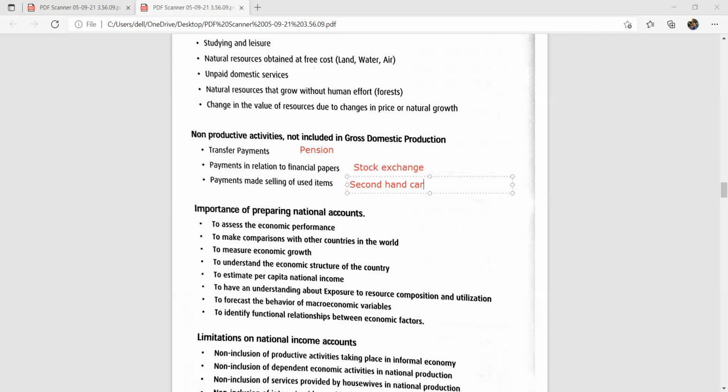Thereafter, registered vehicles are sold. Second-hand cars are not included in national accounts because they were sold before and recorded in national accounts.